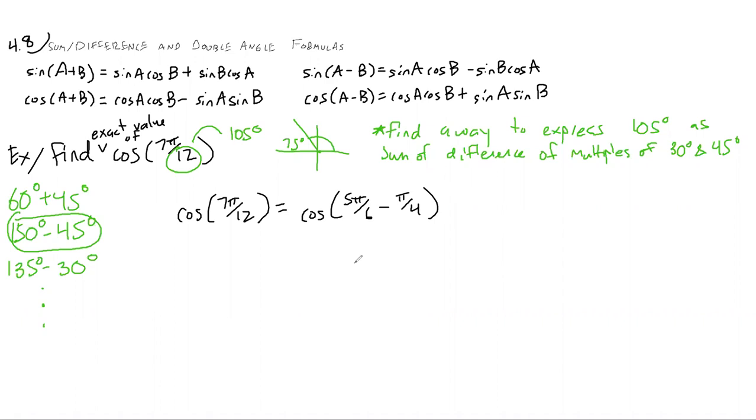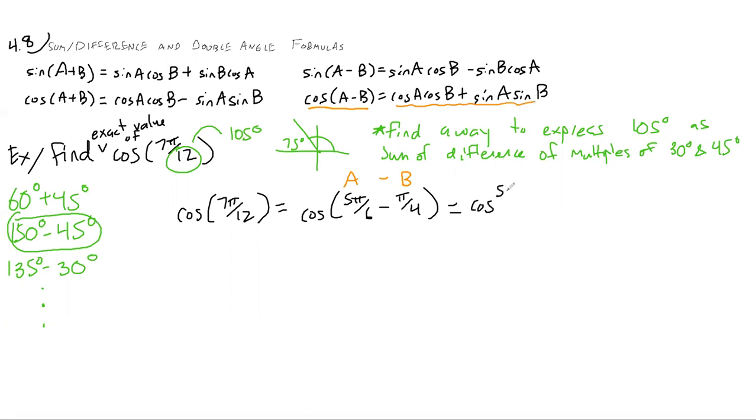If you actually work with the fractions and common denominator, you should get 7 pi over 12 there. And so now I'm going to use my corresponding cosine formula. It's the subtraction, so it's cos of A minus B. In this formula, my A is the 5 pi over 6 and my B is the pi over 4. So I'm just going to swap those in for the formula for the difference of cosine.